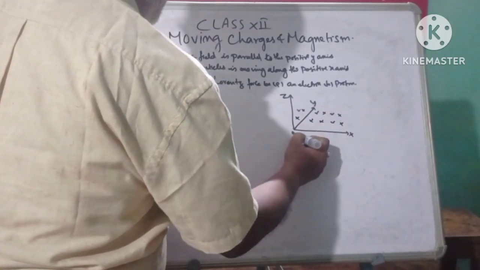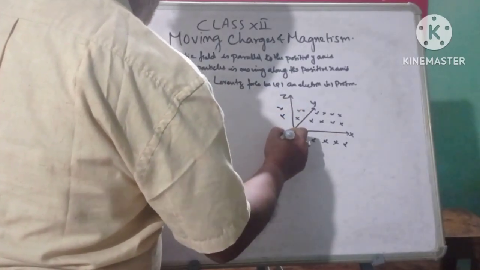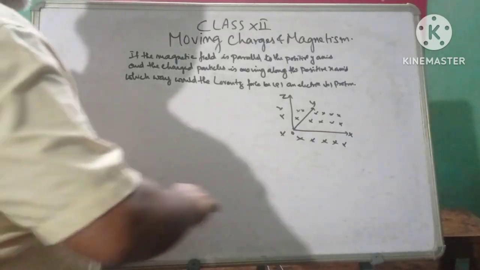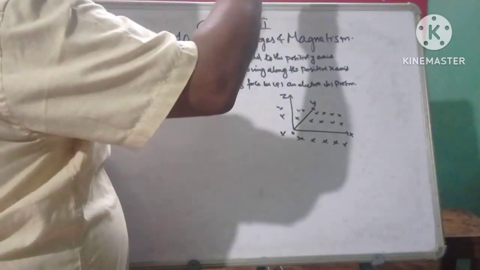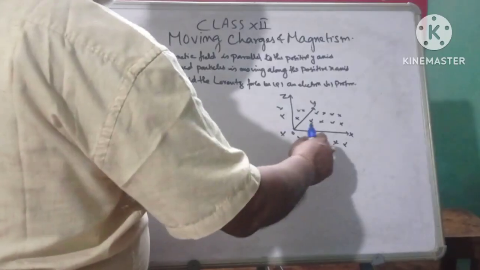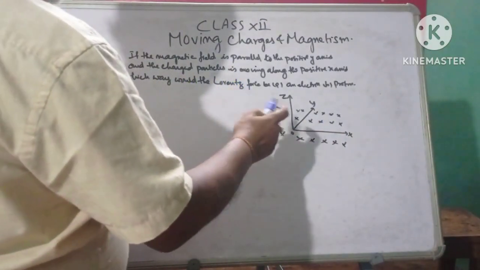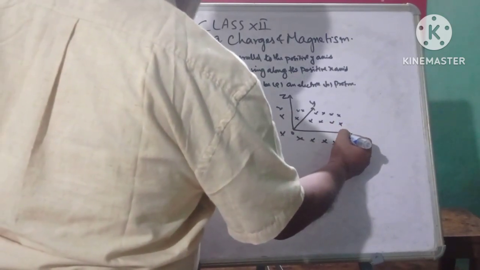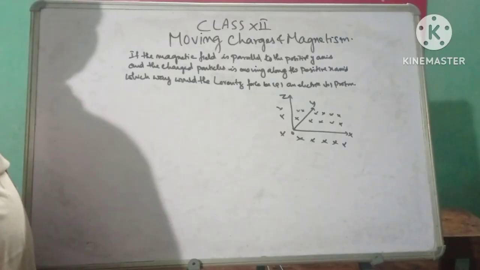This is the x-axis, here is your y-axis, and this is your z-axis. The particle is moving along the x-axis. So what will be your Lorentz force?